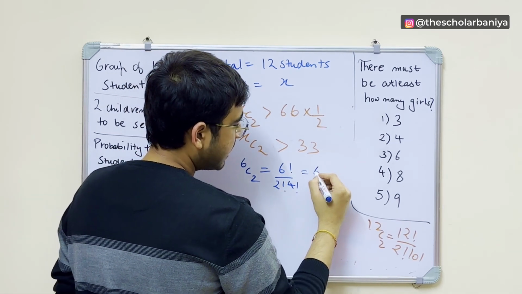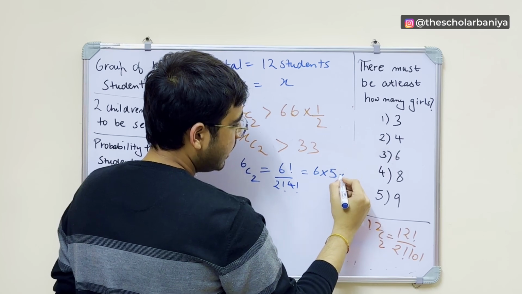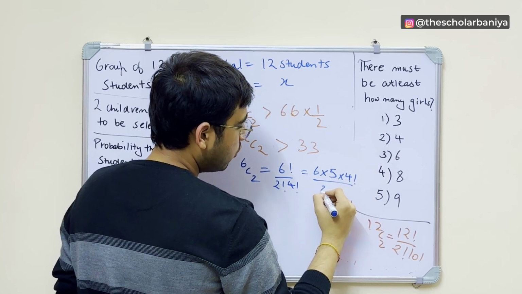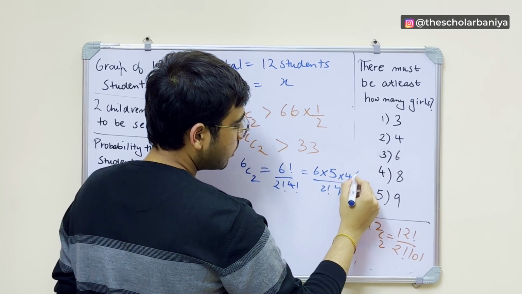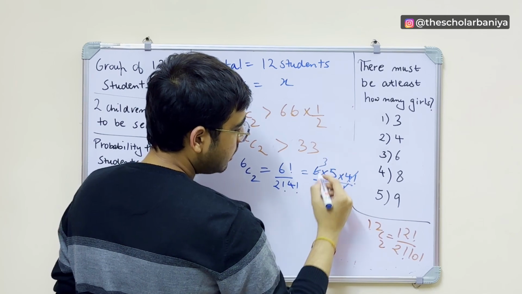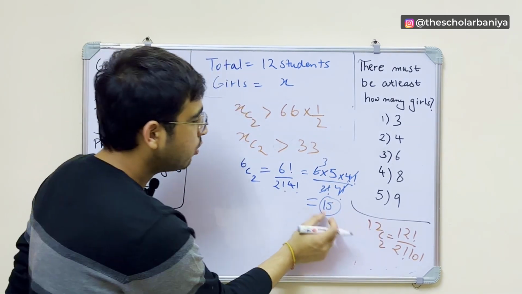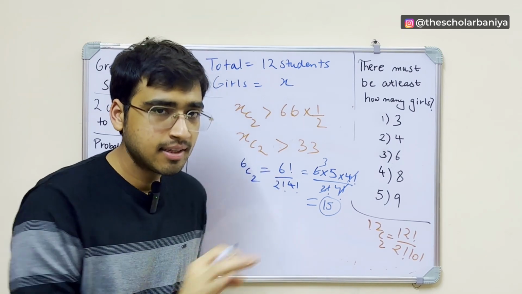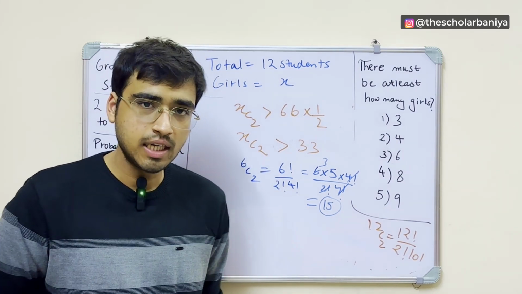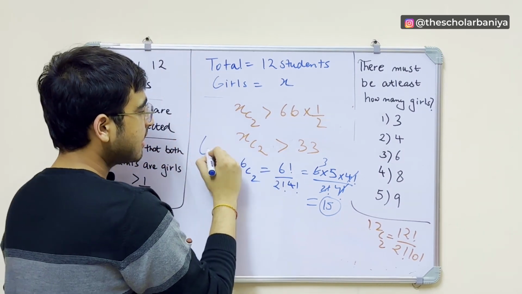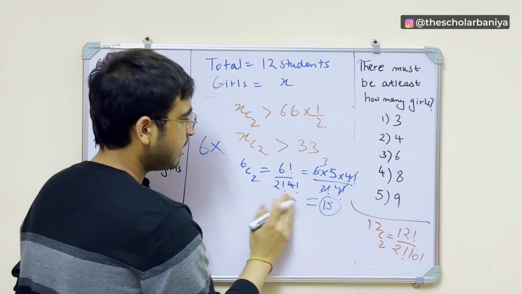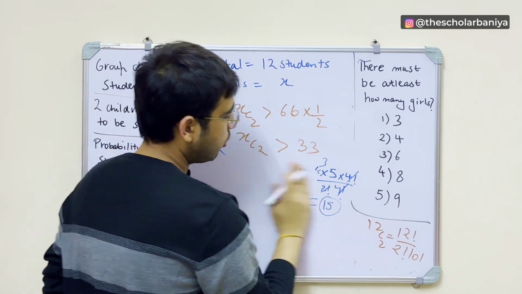So this becomes 6 into 5 into 4 factorial upon 2 factorial, 4 factorial, you cut 4 factorial, you get 3, you get 15, right? But we know that 15 is not greater than 33. 15 is less than 33. So obviously 6 cannot be possible. I hope this makes sense, right? Okay.